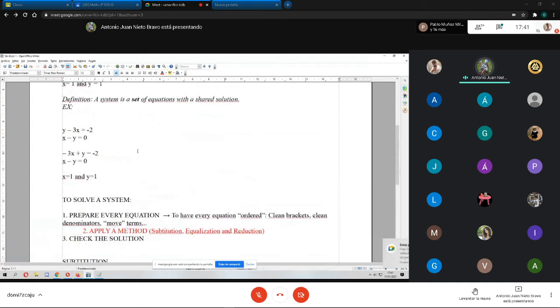Instead of x, write -1, and instead of y, write -1. This is what I have done here. X -1 minus y -1 equals 0. This is true because this is -1 plus 1, and this is 0. And here I have done the same with the first equation, with this one. -1 equals 3 times -1, minus 2. Is this true or not?